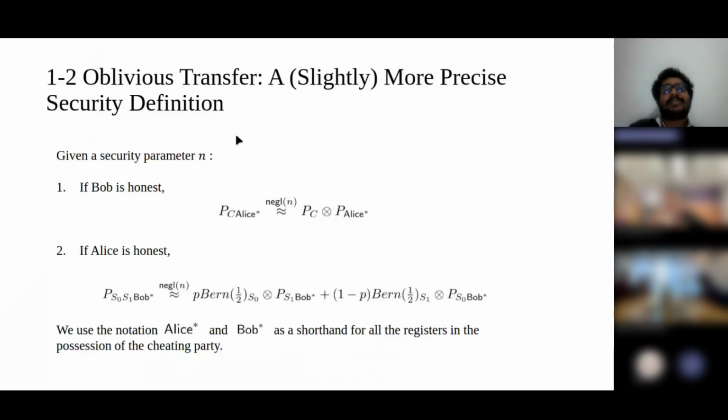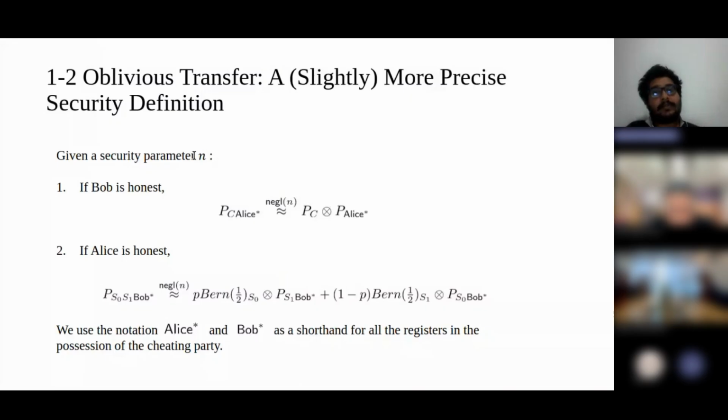But I'm going to make it much simpler here. Given a security parameter n, an integer, you can think of n as the number of rounds of interaction, which will be some polynomial in n. Or if you have a quantum protocol, the number of qubits being exchanged will be a polynomial in n.